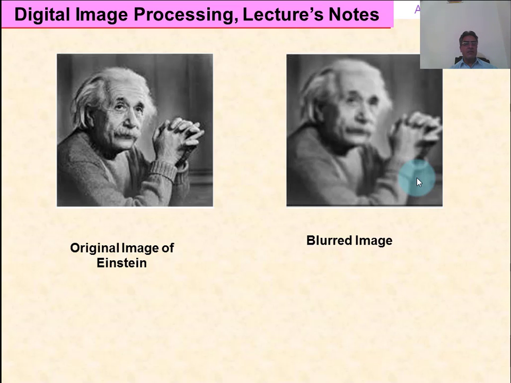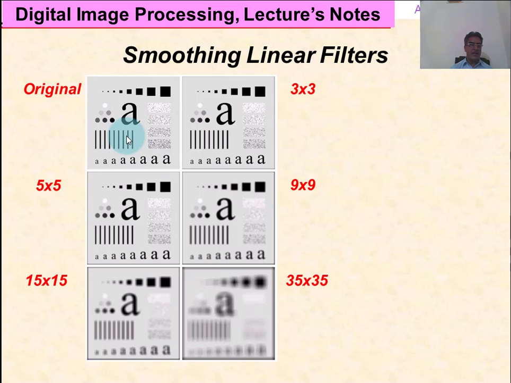These are some pictures which we obtained using masks or filters. This is the original image of Einstein, and when we perform a 15 cross 15 mask on this original image, it becomes a blurred image.